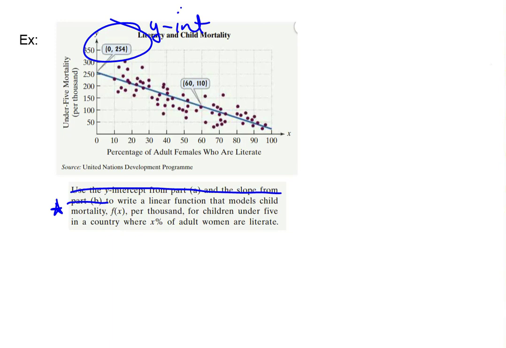It's good to note that because that means that b is 254 if we're using slope-intercept form. What we would need to finish it off is the m, or the slope. To fill out y equals mx plus b, we already have the b, we need the m. So let's go ahead and compute that, and we can do that given 2 points.